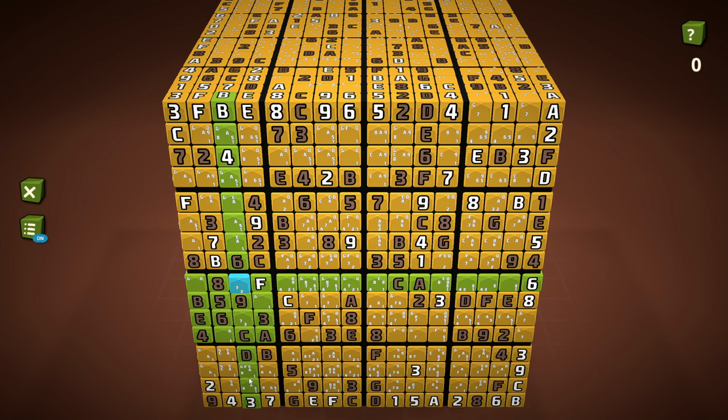It also helps that there's no 2 or 7 available in any of the other ones in that column, so that is double confirmed there. Yep, yep. So that and that, and here.